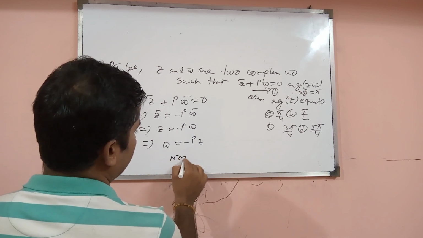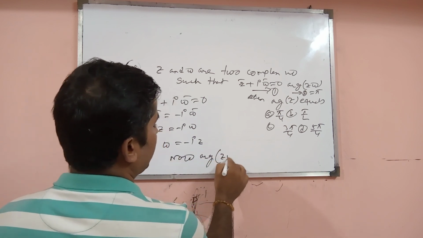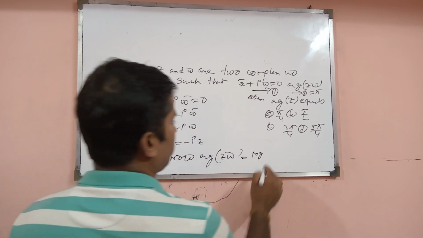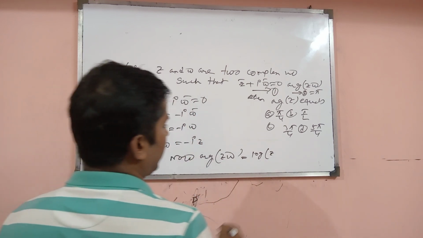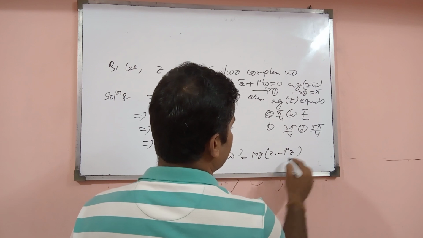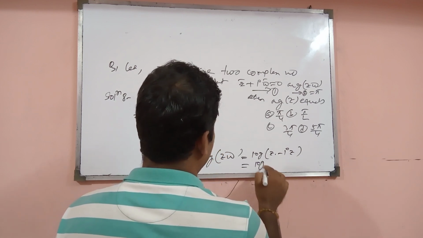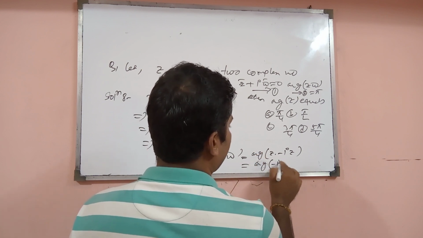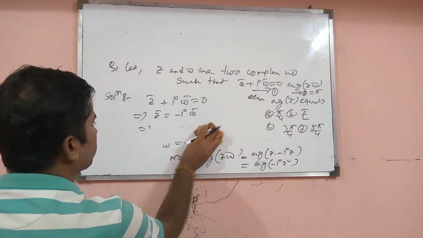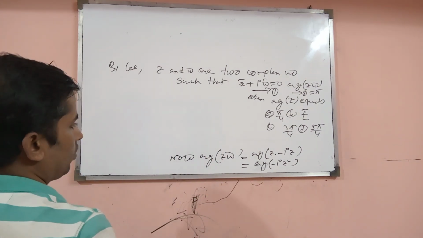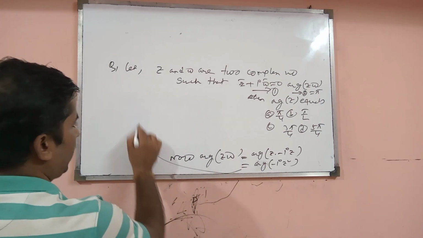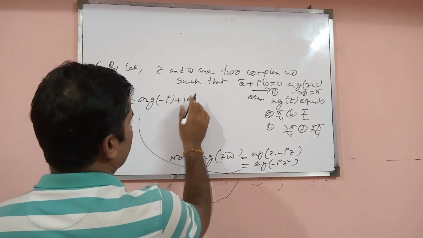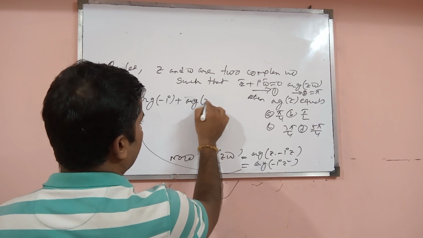Now argument of z w equals, since w is equal to minus i z, argument of minus i z square, okay? So it implies argument of minus i plus argument of z square.